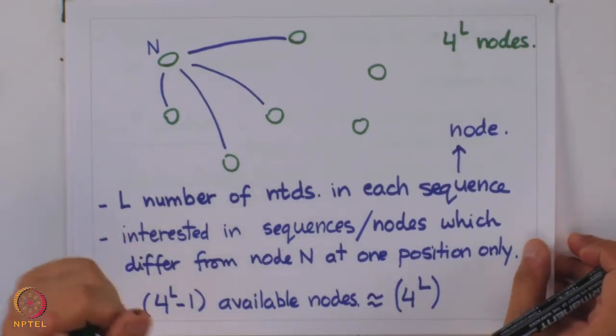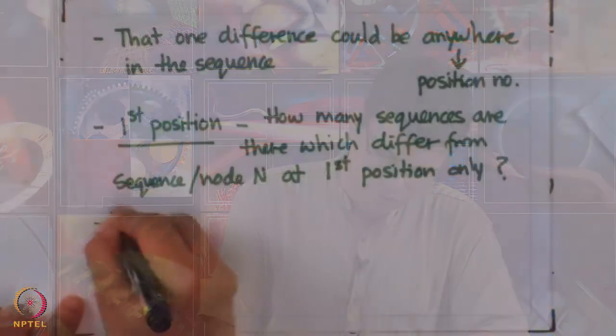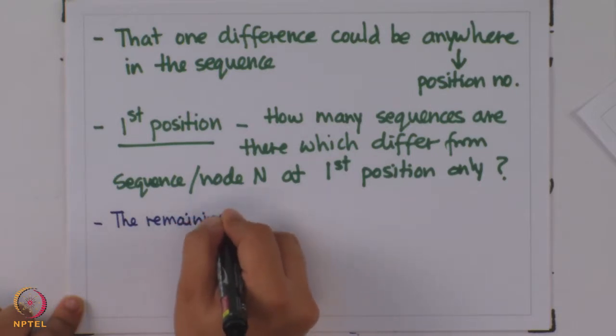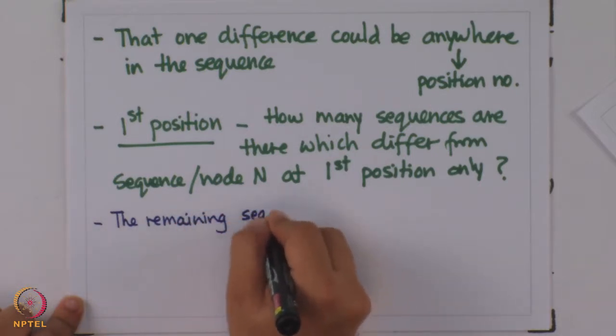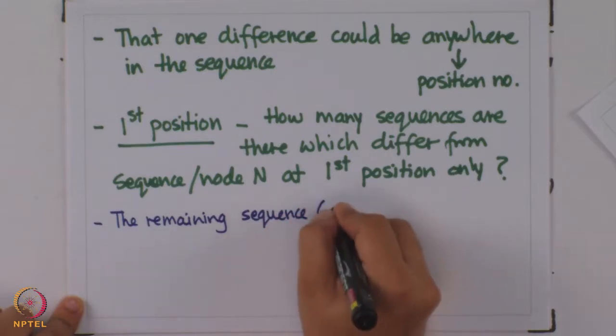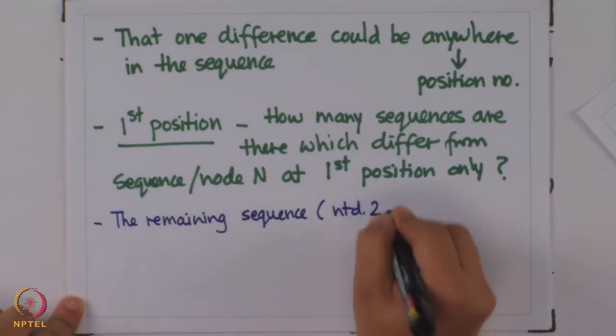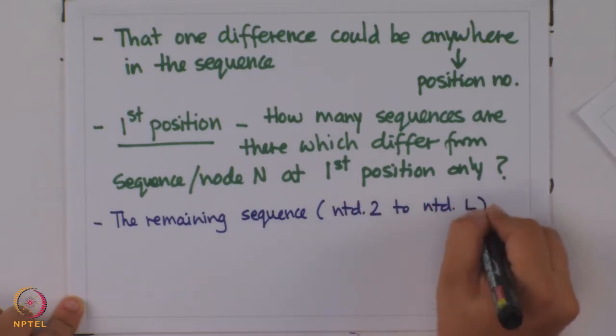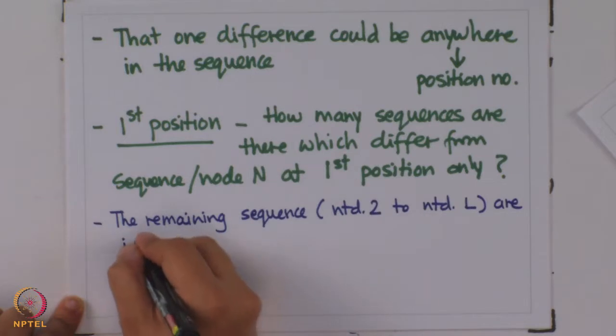So, we are going to try and do this systematically and try and identify the number of nodes which are different from the sequence corresponding to node n at position 1 only. The remaining positions, position 2 to position L, the remaining positions, sequence from nucleotide number 2 to nucleotide number L are identical.